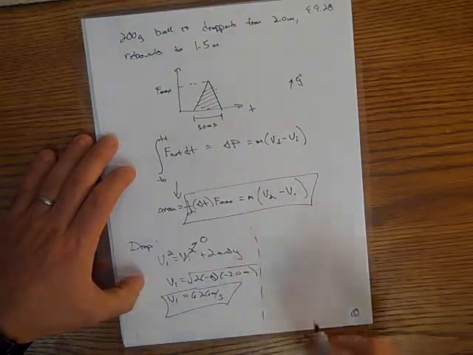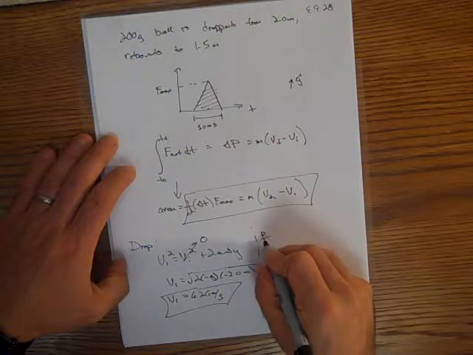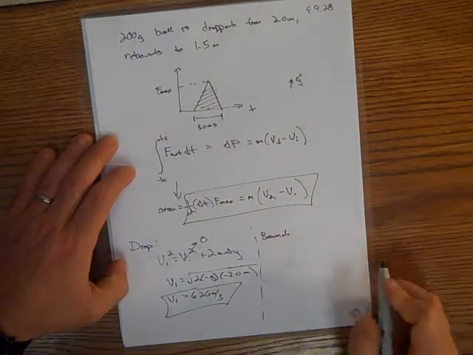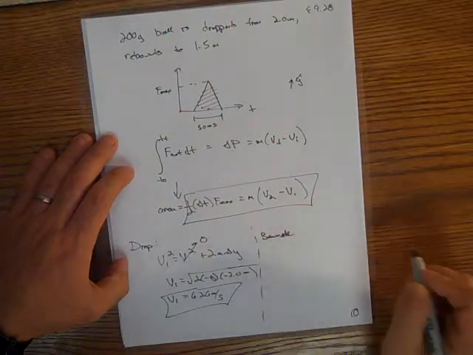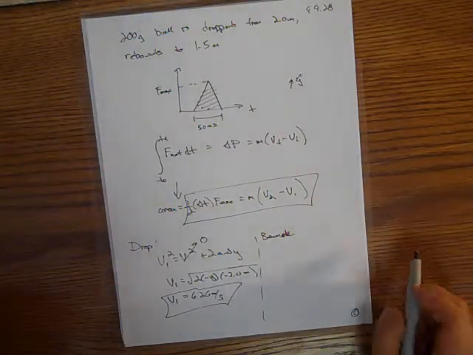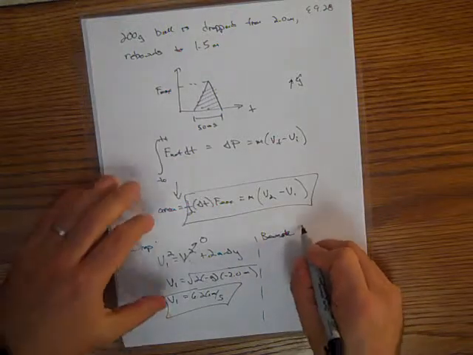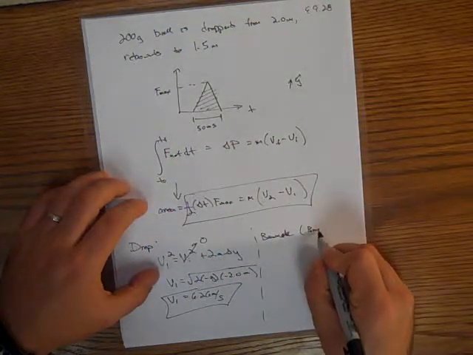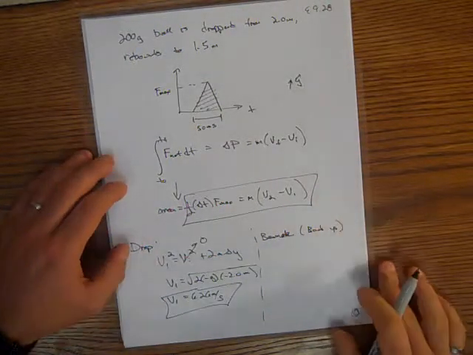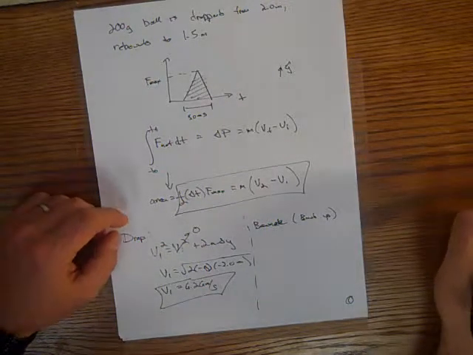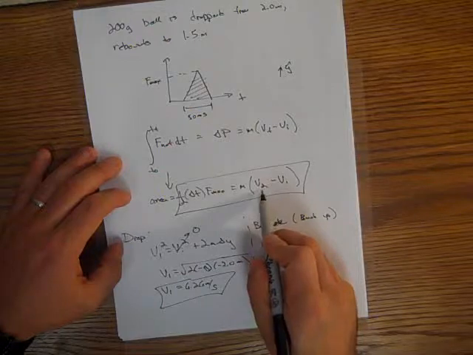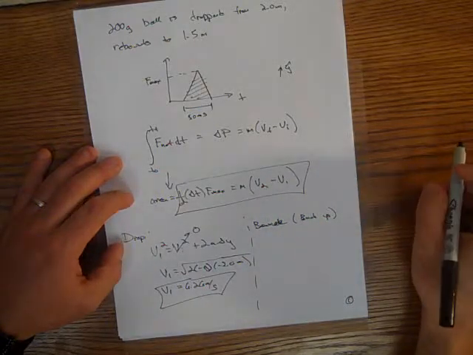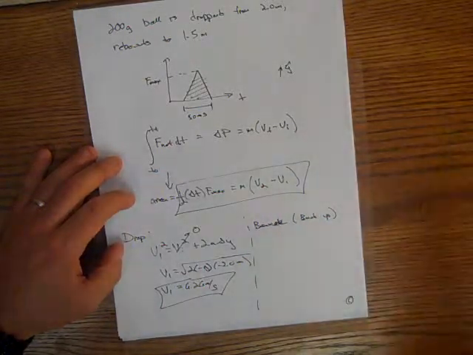After the bounce, so this is on its way back up, it's going to start with this speed v2, and its final speed is going to be 0.